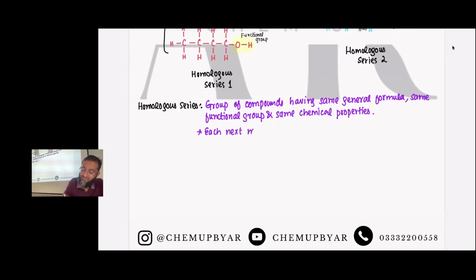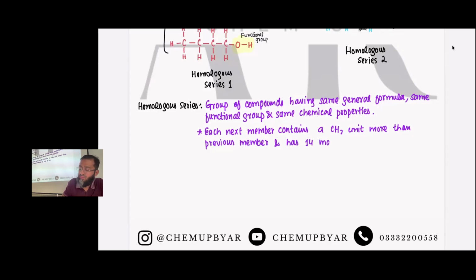So each next member contains a CH2 unit more than the previous member and has 14 mass units greater than the previous member.